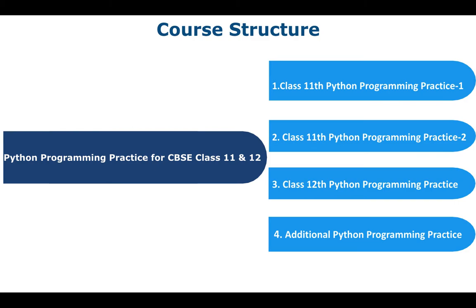This course has been divided into 4 sections. Sections 1 and 2 cover almost 28 Python programs from the revised syllabus for Class 11, Section 3 covers the Class 12 suggested programming practice from the revised syllabus 2020-2021, and Section 4 has been created for additional programming practice.